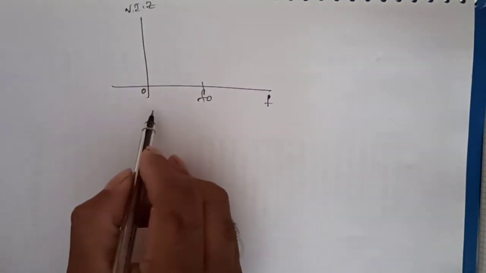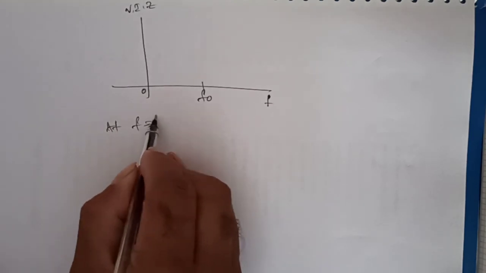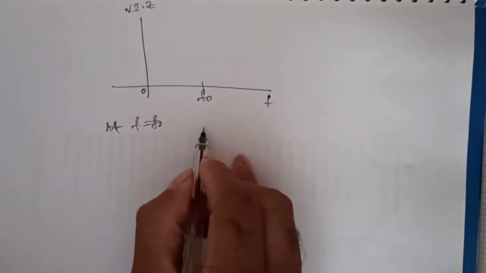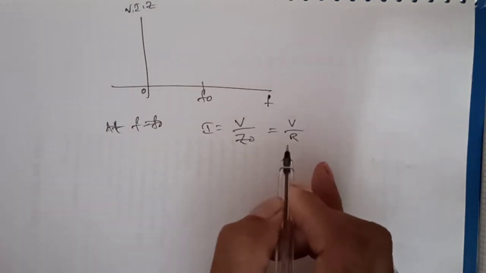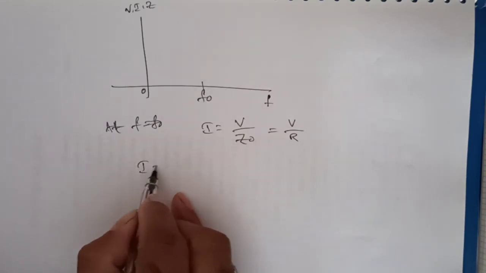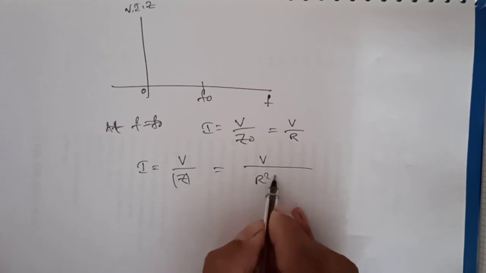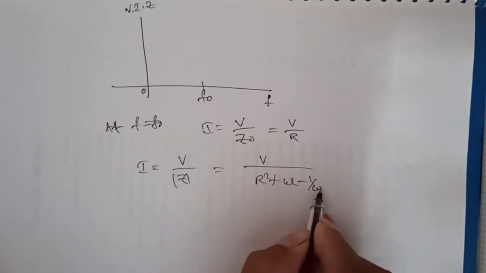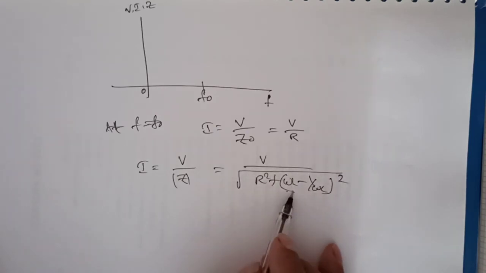We know that in a series RLC circuit, at f equal to f0, I equals V by Z0, which is V by R. Normally Z equals mod Z, which is the square root of R squared plus (omega L minus 1 by omega C) whole squared, but at resonant frequency XL equals XC.